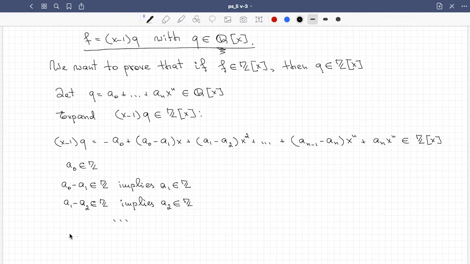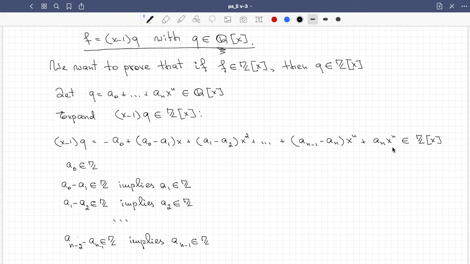The very last is a n minus 2 minus a n minus 1 is an integer, which implies a n minus 1 is an integer.